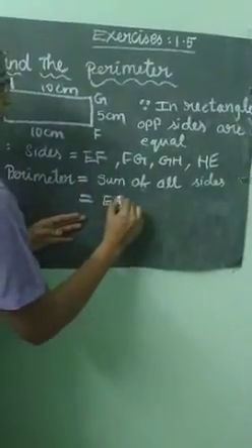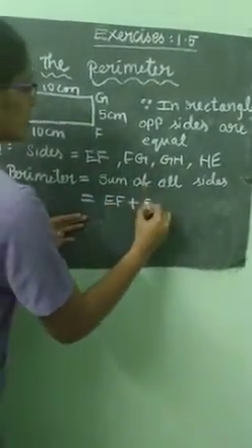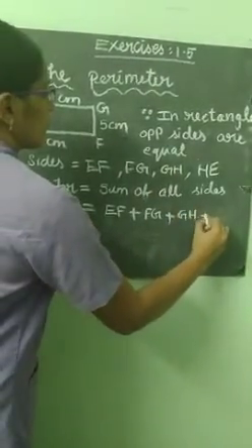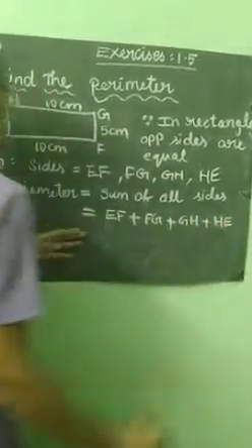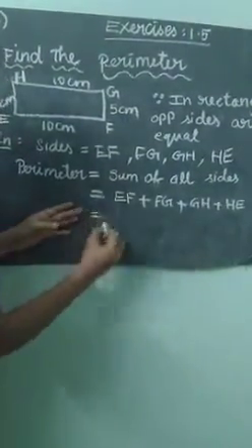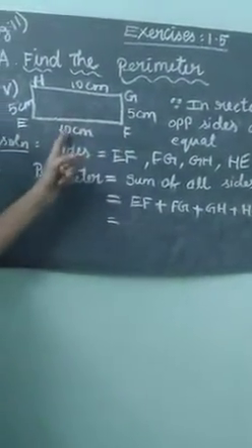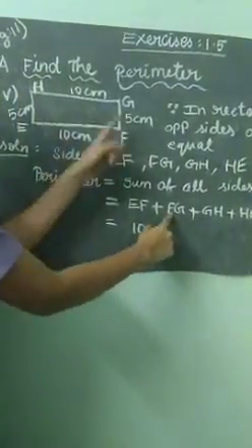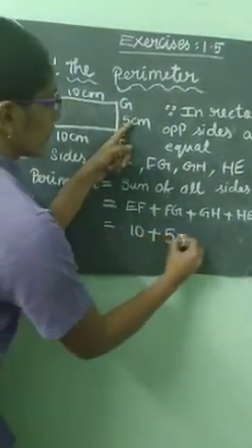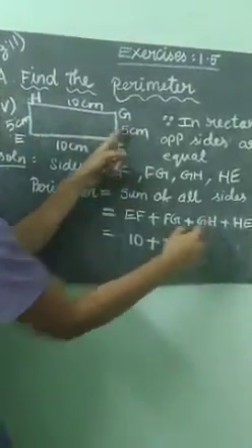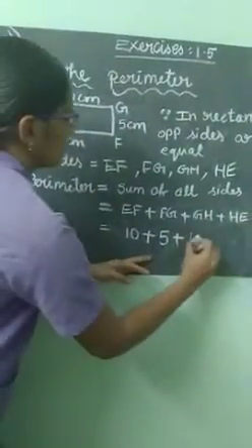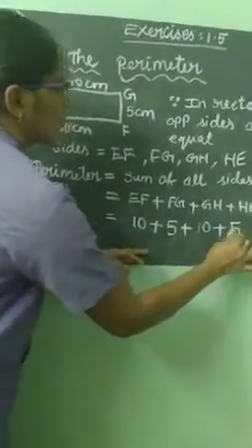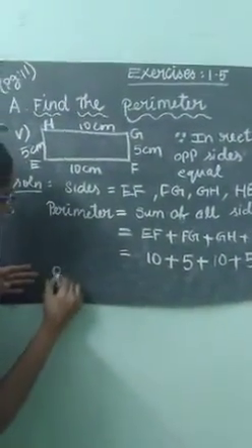EF plus FG plus GH plus HE. Then put equal to, EF 10 plus FG 5 plus GH 10 plus HE 5. Then write the final answer.